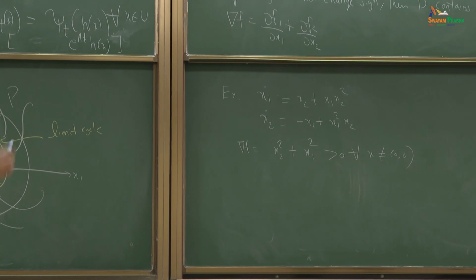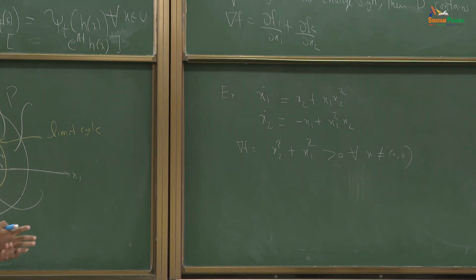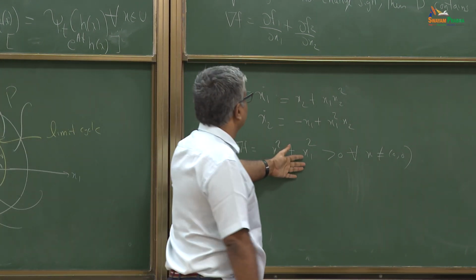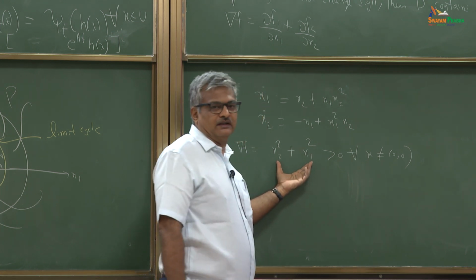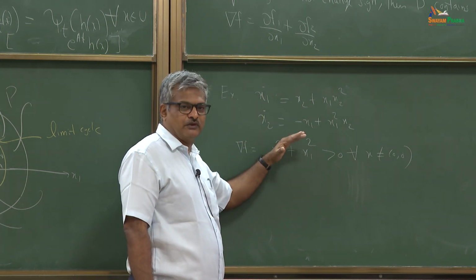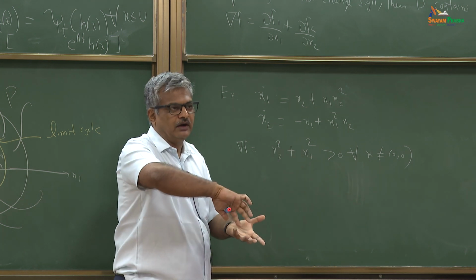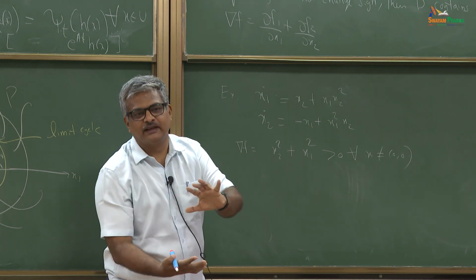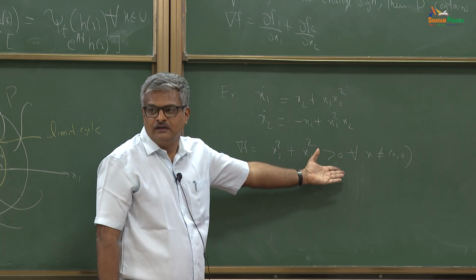So it satisfies the hypothesis of Bendixson's criteria: the divergence is not identically equal to 0 and it doesn't change sign. Sign changing means from positive to negative; at some x it would have to change sign, but it is not changing sign.